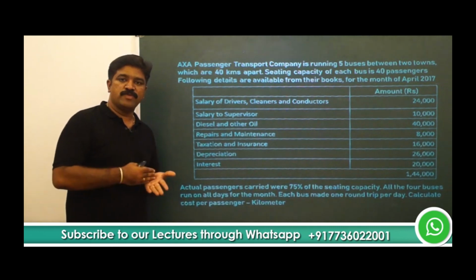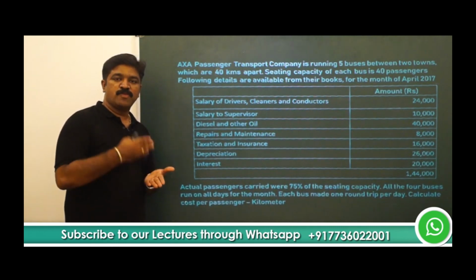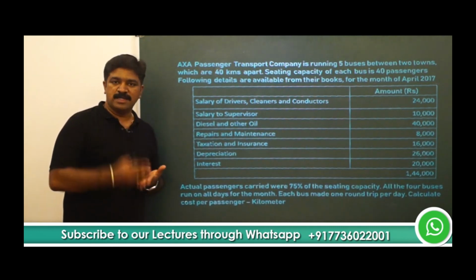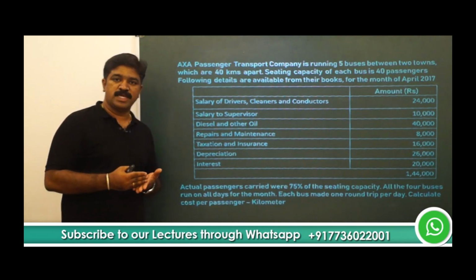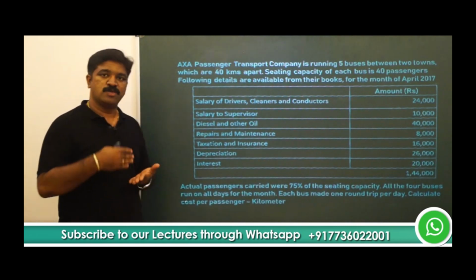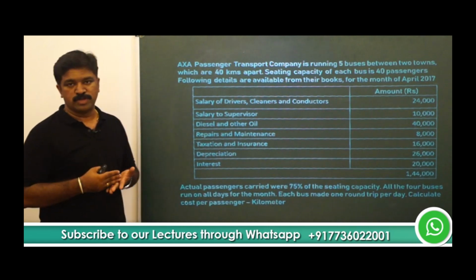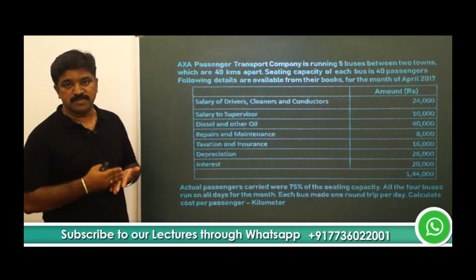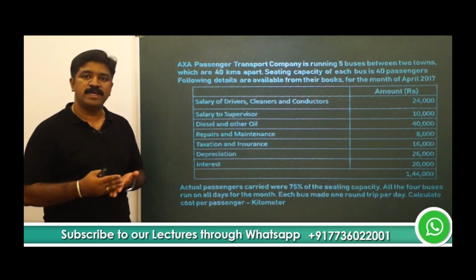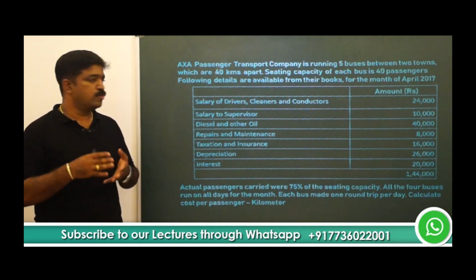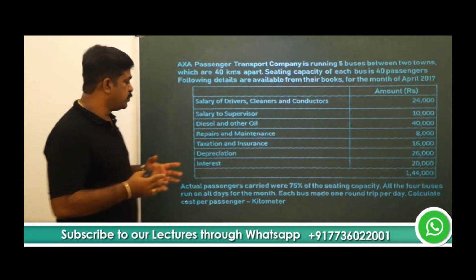So 5 buses, 40 passengers at 75% capacity, and this is for one trip, right? So multiply by 2, so you get 2 trips, and this is only for one day. So multiply it by 30 days. You get to know the overall position for a month.